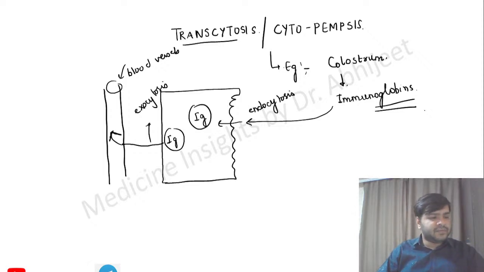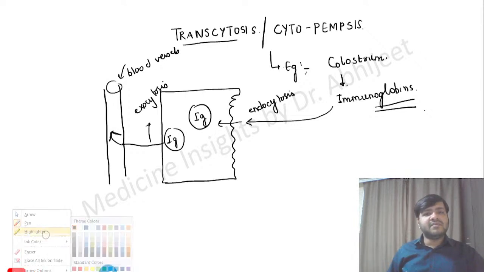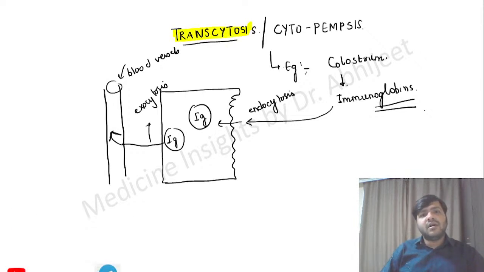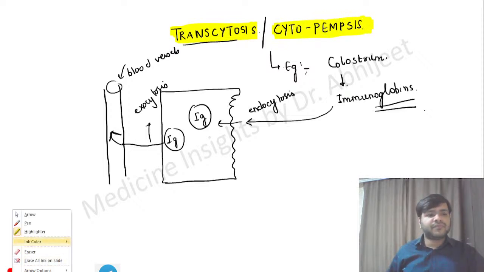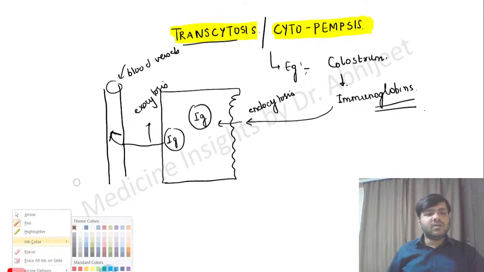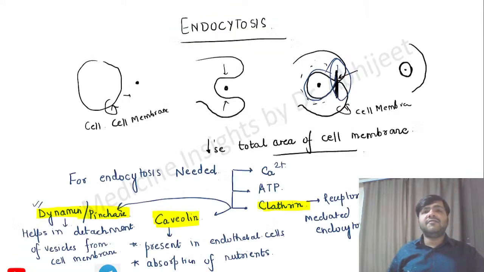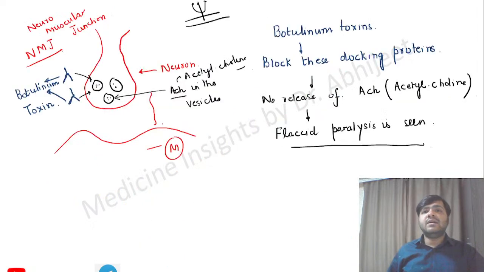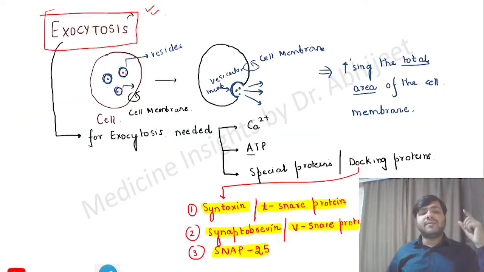Now, this was about transcytosis or cytopempsis that you have to remember. We have discussed active transport in detail, and yesterday we discussed the two types of active transport, primary and secondary.